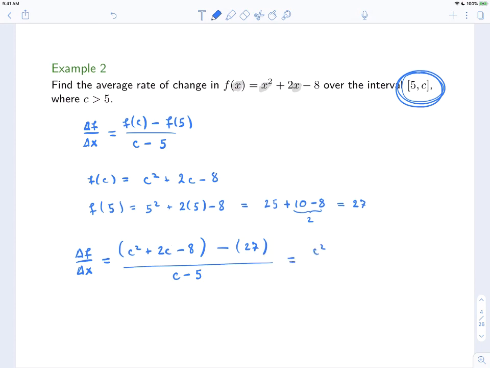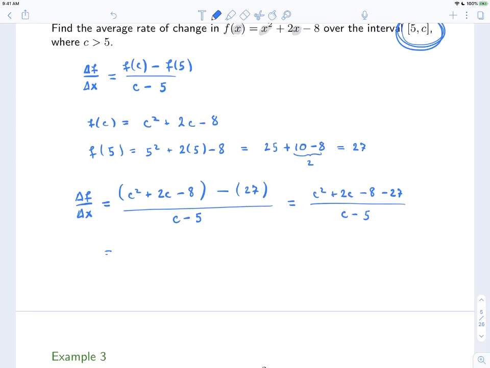So this is c squared plus 2c minus 8 minus 27, and this is divided by c minus 5. So this is going to be c squared plus 2c, and then that's going to be minus 35 over c minus 5. Now, as it happens, we can factor the numerator.